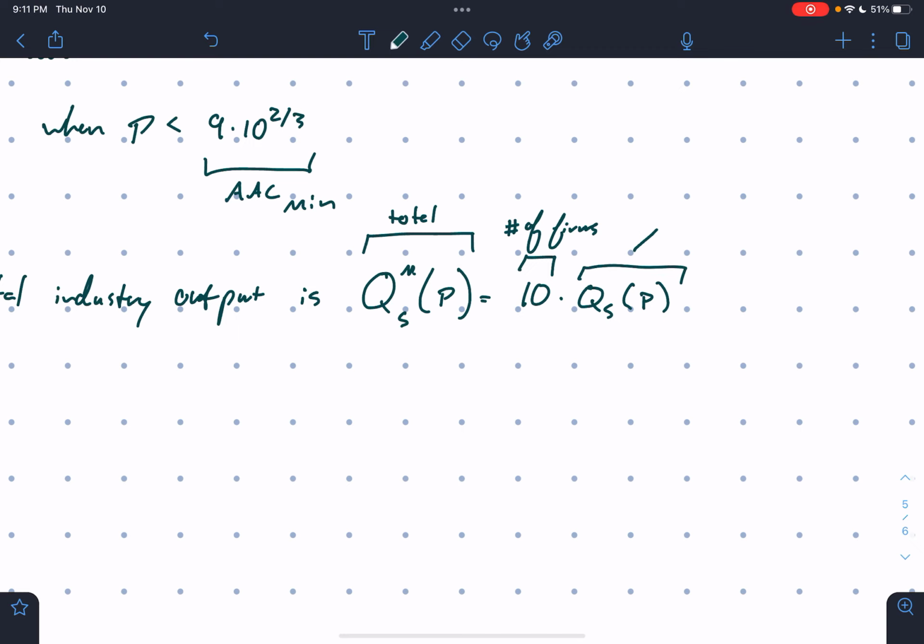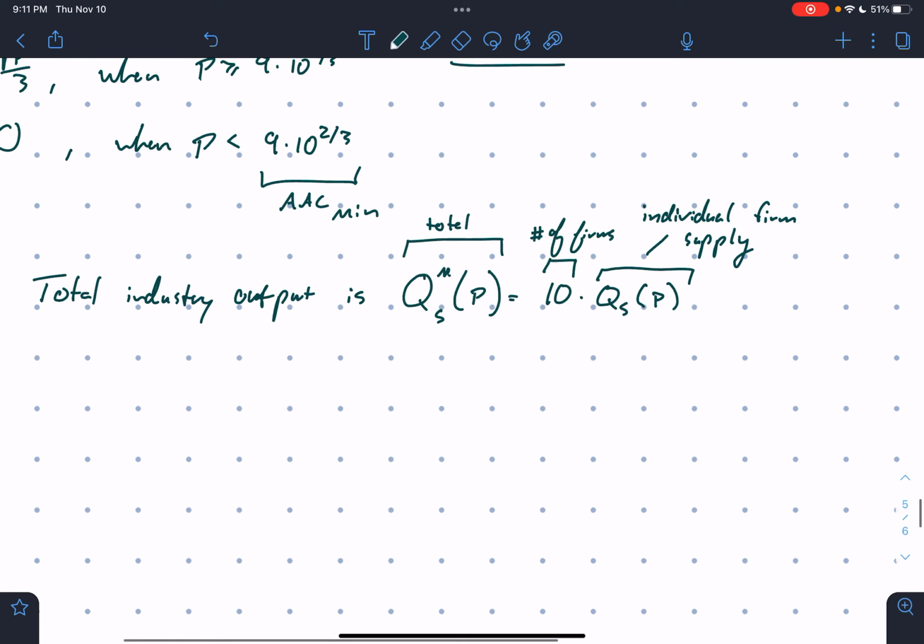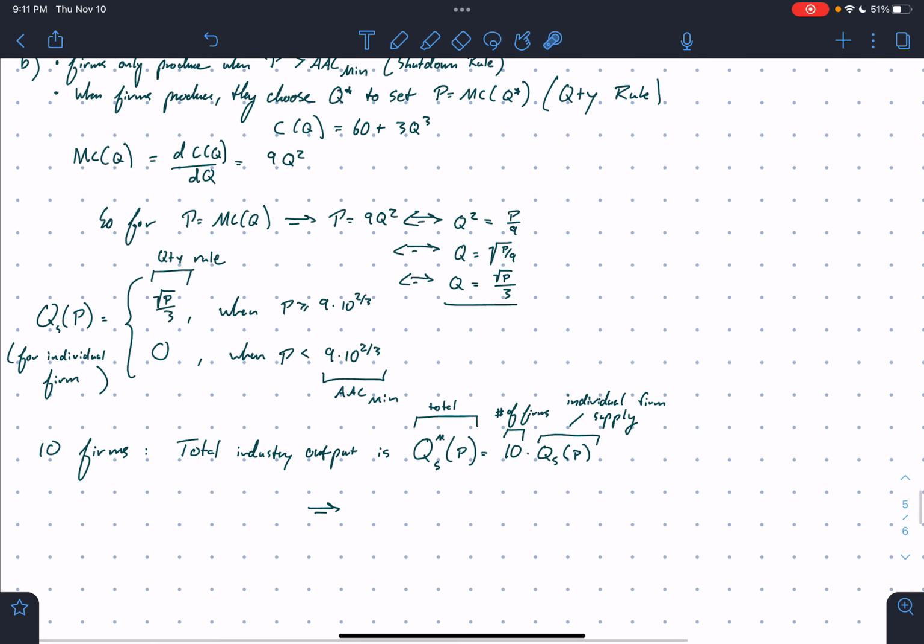And this is the individual firm supply. Okay, so we just multiply whatever we have here by 10.